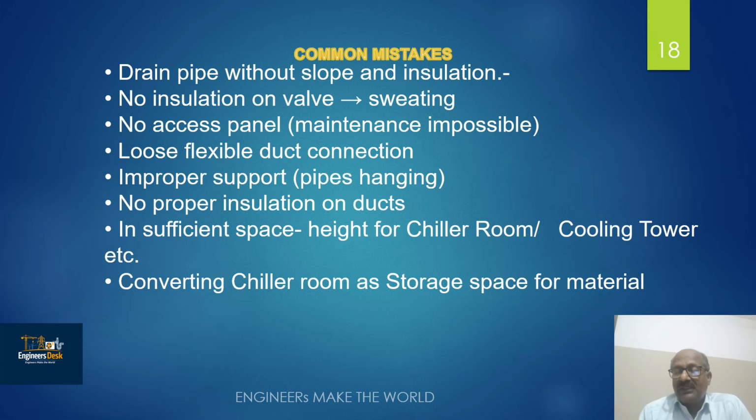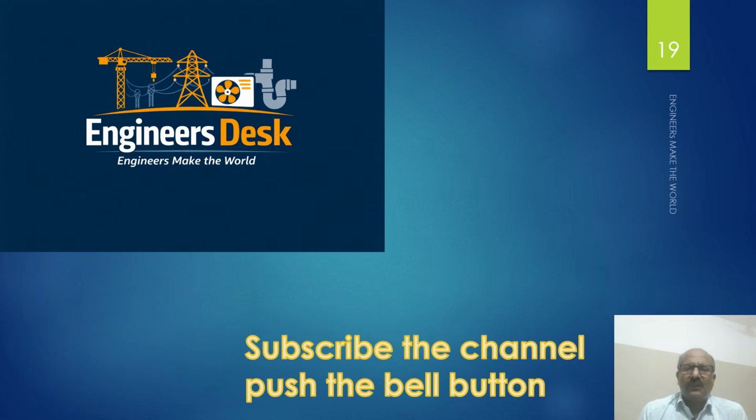One of the dangerous things I have seen in my career is that the chiller room is made a space for storage of material, whether waste material, cardboard or plastics. All those materials are dumped into one corner of the chiller room, and the chiller room is kept as a storage space for everything.